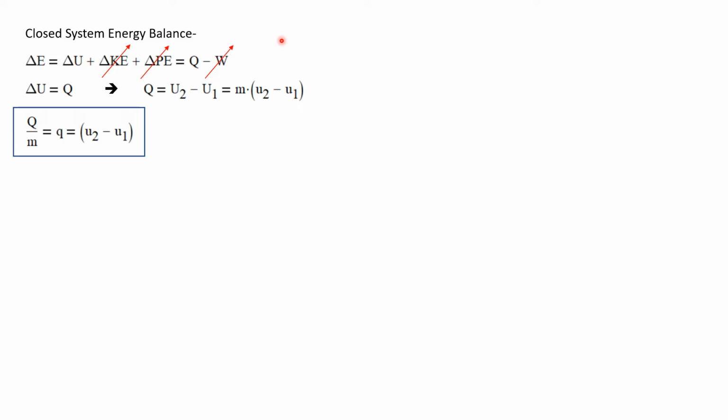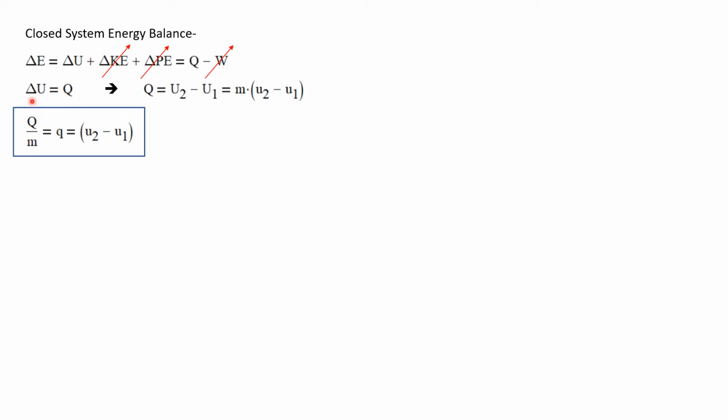So let's start with an energy balance for our closed system. We can see that the change in energy is delta U plus delta KE plus delta PE, and that's also equal to Q minus W. Now, previously in our model, we said that delta KE and delta PE would be taken as 0. And a rigid tank has no mechanism for doing work, so work also has to be 0.